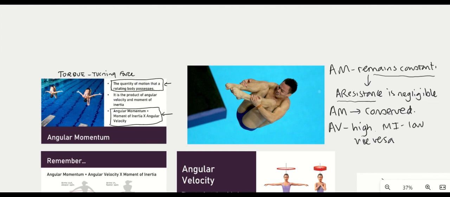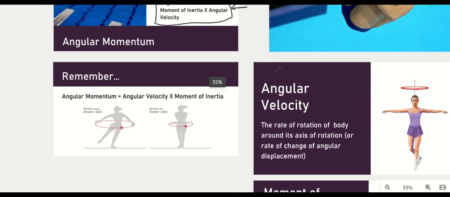This is because air resistance is negligible. We say that angular momentum has been conserved because the two things that it's made up of, angular velocity and moment of inertia, change. They've got an inverse relationship. When one of them is high, the other one is low. Let's try and make some sense of that now.